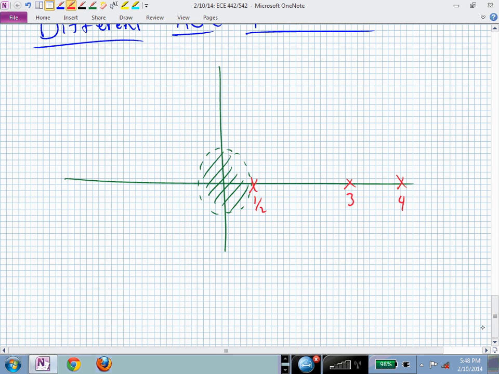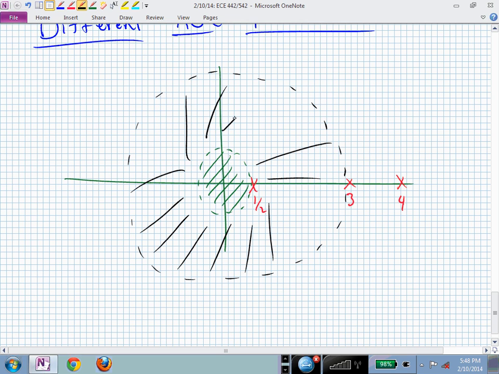So that's one possible region of convergence. It's interior to all the poles. Another region of convergence, which I'm going to illustrate, is now going to be between 1/2 and 3. This one I will call region of convergence number 2. This one is region of convergence number 1.